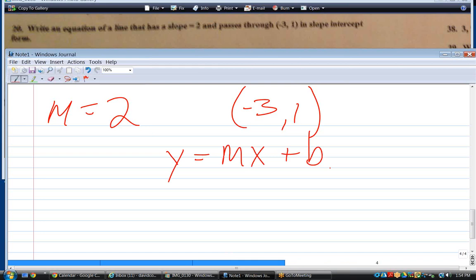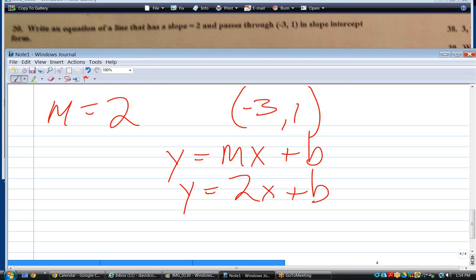How much progress can I make on this thing knowing just the slope and one point? Well, I know this much. Now what can I do? How do I solve for b?